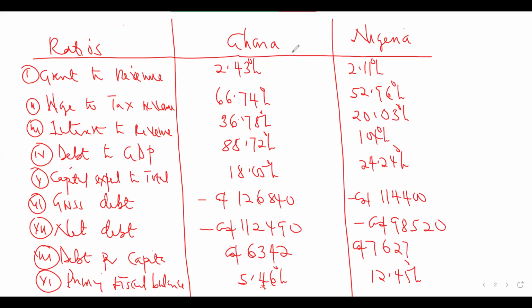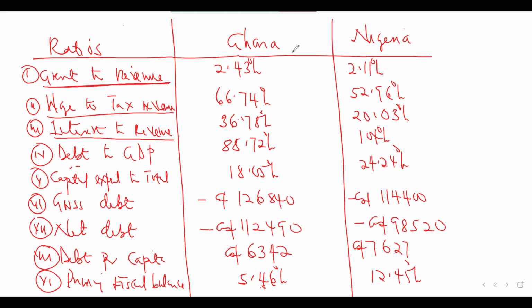You can look at the grant to revenue ratio. We can look at the grant because the grant is a statement of financial performance item. You can also use the wage bill to tax revenue ratio, the interest to revenue ratio. You can also look at the debt to GDP, which has to do with financial items.